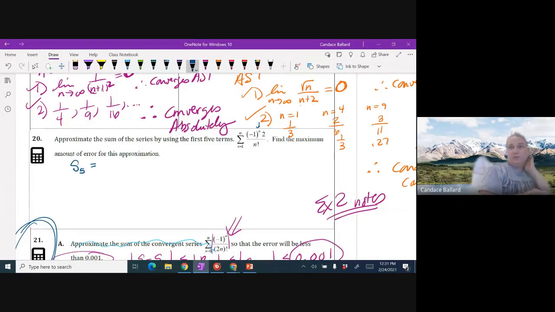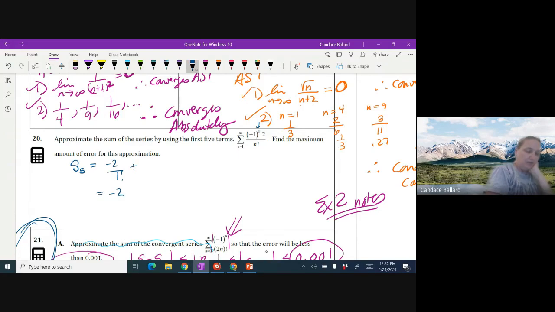So let me start again. We've got the approximation of the sum of the series by the first 5 terms. We're just going to basically plug our n's in there and then throw it into our calculator. I guess I could do it by hand too. So -1 to the first would be -1 times 2, which is -2 over 1 factorial, which would just be -2.